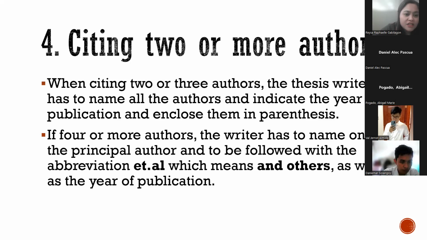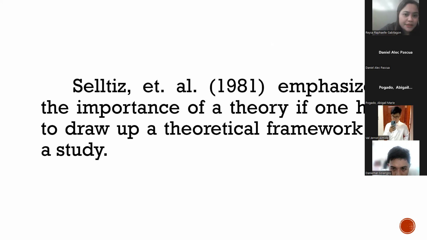But if it is 4 or more authors, that's the time we use the abbreviation et al. Okay? Pag sumobra na 4 or sobra pa, that's the time we use the et al. Et al means and others. Okay? You just have to include the principal author, the major author for that certain reference, and then the rest will be et al. Okay? So just like this one.